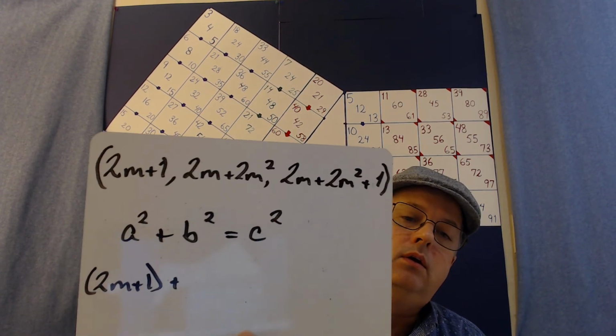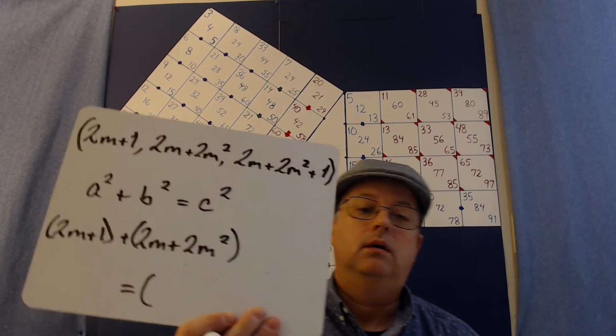So that means what we're going to do is instead of a, we're going to put 2m plus 1. And instead of b, we're going to put that 2m plus 2m squared.